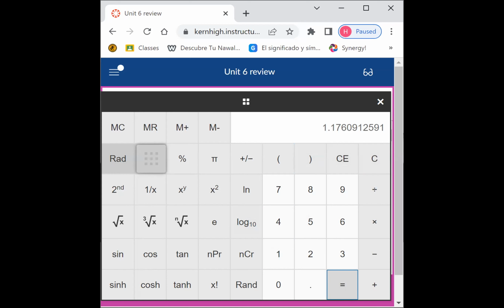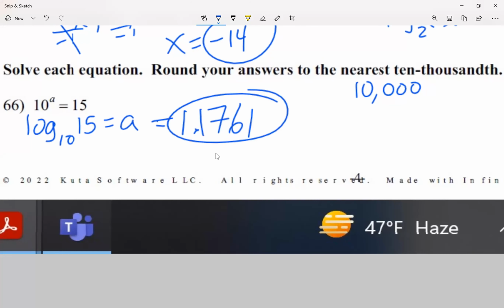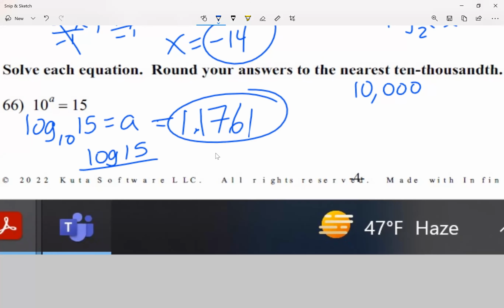Okay, let me come back to our work here. So I'm going to say this is equal to 1.1761. Now if you don't remember what we saw yesterday, what if the base is not 10? What if the base is something else? Then I can type this in as log of 15 divided by log of 10, and if you type that in on your calculator, you should still get 1.1761.